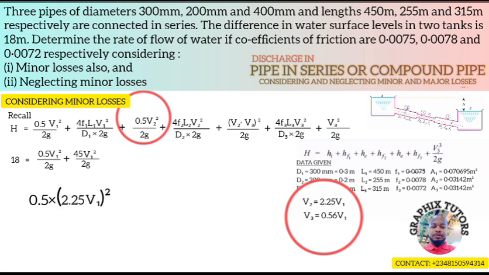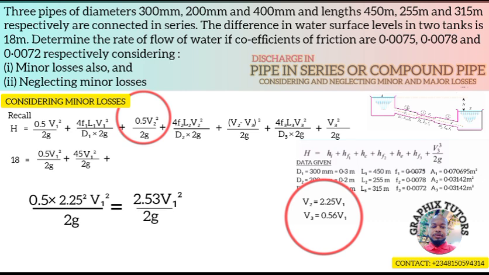There's a square in the v2, so everything will have square, all over 2g. 2.25 v1 all square means 2.25 square v1 square, and you now multiply 2.25 square times 0.5, you'll be having 2.53 v1 square all over 2g. That is what you'll be having.